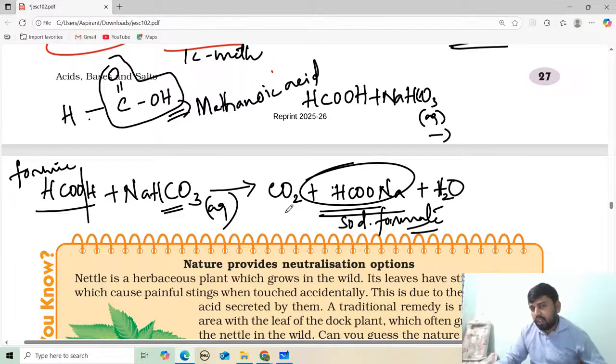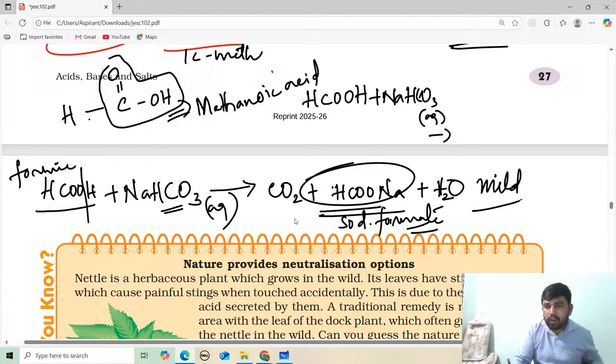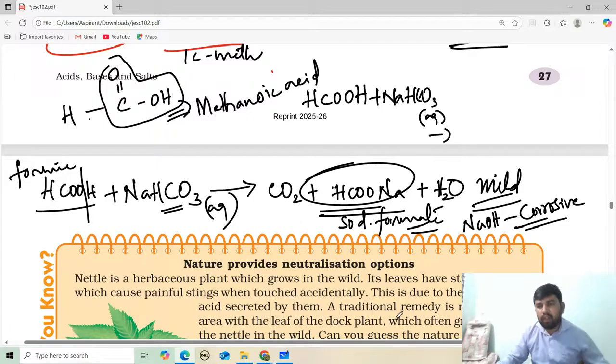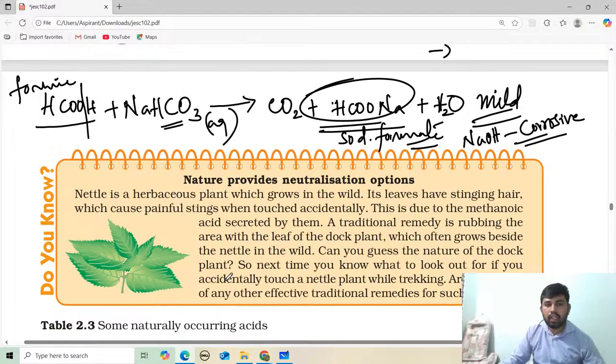We need to rub with a solution of mild bases. Again, I'm saying mild bases. We should not use strong bases. We can't use NaOH because it is corrosive; instead of giving a remedy, it can cause burning of skin.